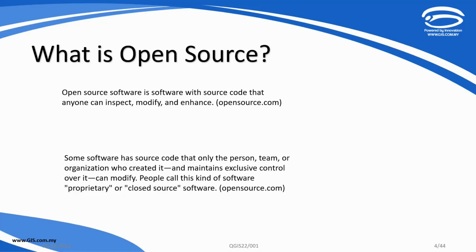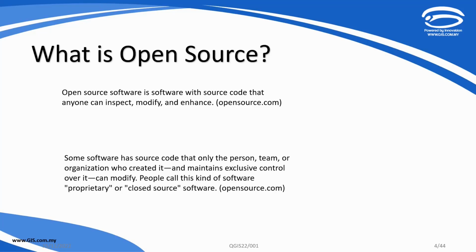Some software has source code that only the person, team, or organization who created it knows or maintains exclusively, meaning that it's proprietary, and the users cannot modify the source code. That is called closed source. That's the opposite of open source.